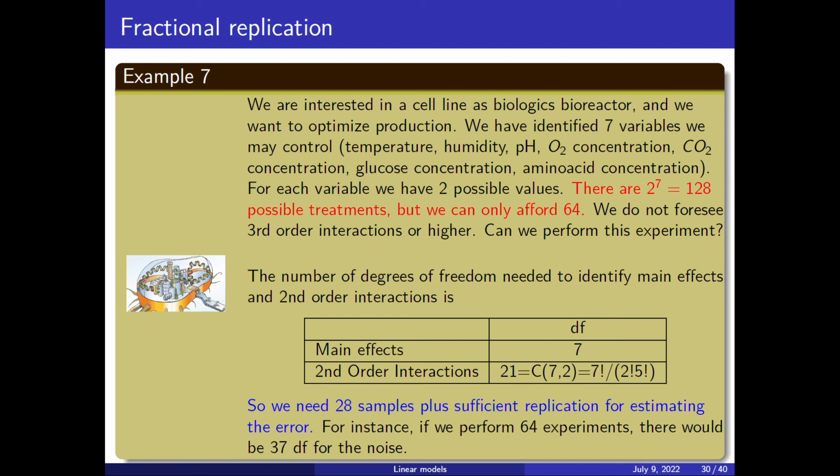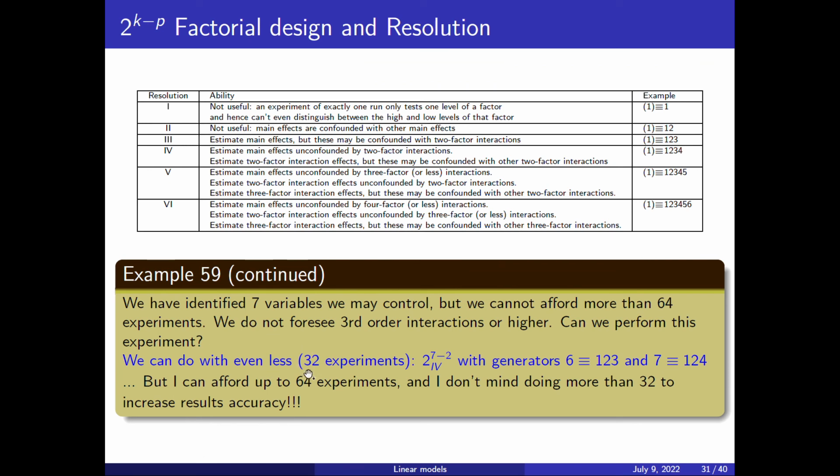And even more surprising, you can make even fewer than 64. You can do only 32, and this is related to something called the resolution. With only 32 experiments, I can have a design of resolution 4. We don't have the time in this course to explain what resolution is, but resolution 4 means the main effects are unconfounded with two-factor interactions, and the two-factor interactions may be confounded with other two-factor interactions.